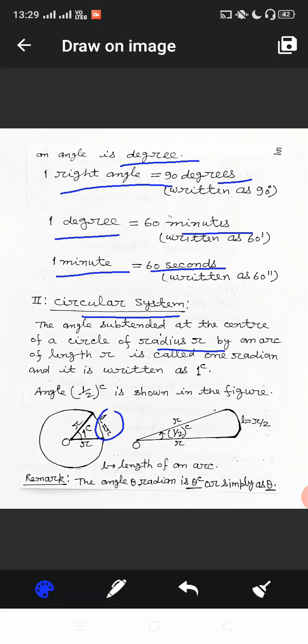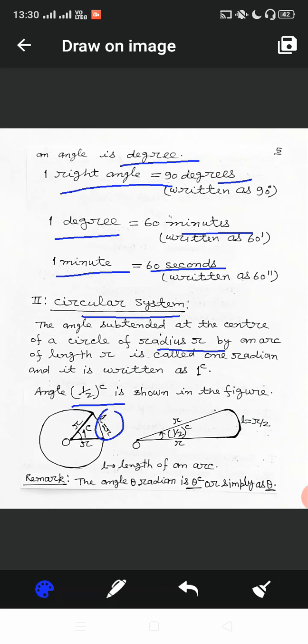Angle 1 by 2 radian is shown in the figure. Dear students, here length of an arc is denoted by small l. Now there is a remark.